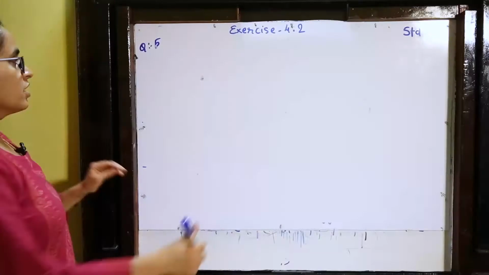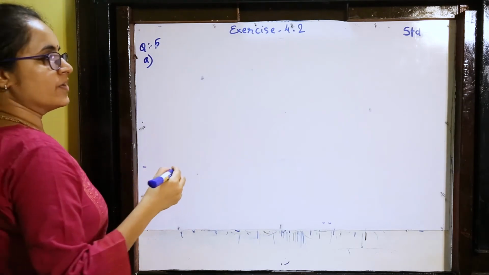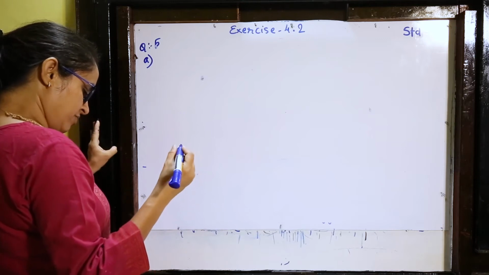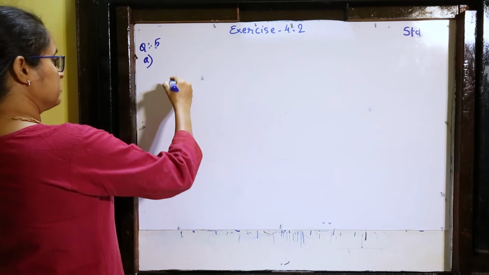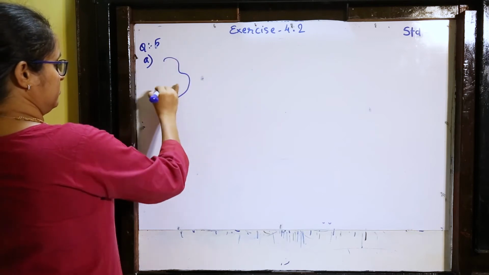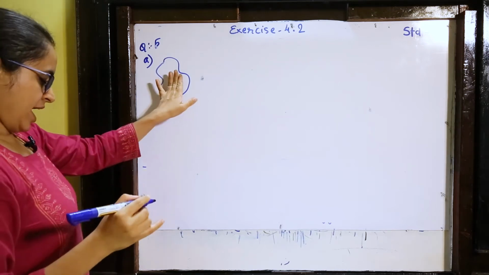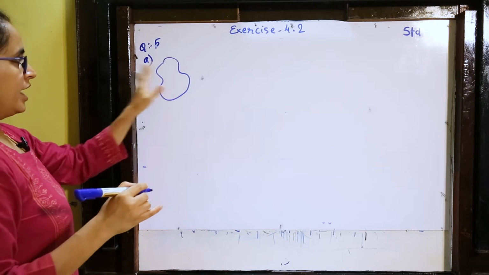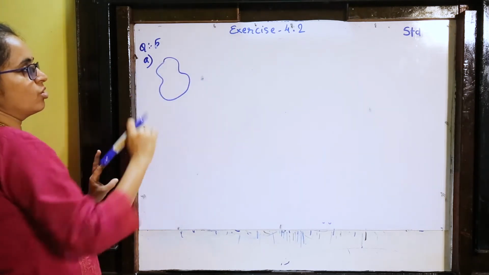That means you have to draw a closed figure, but not a polygon, that is, a curved figure, not a figure with straight lines. So first you have to draw like this. This is a closed figure which does not have any straight line. Okay, so you have to write down the heading and then draw this.